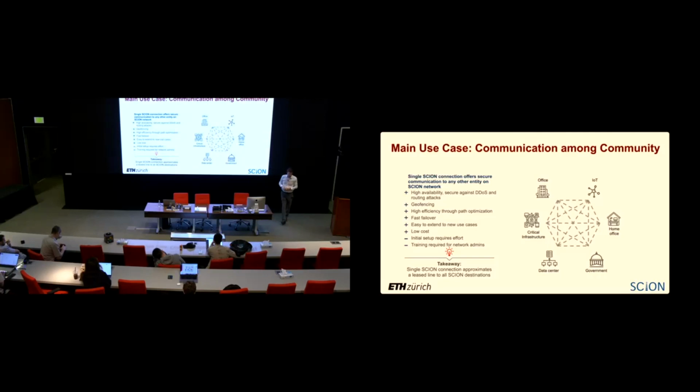So using some of the DDoS protection systems, you can even get some communication guarantees that approximate having leased lines between all the different entities that are connected. So then the use case that crystallized was that if you have such an ecosystem of entities who all need to communicate and they're not the same company, then it makes a lot of sense for them to all get a SCION connection and get the benefits of almost leased line-like connectivity at the cost of a public internet connection.